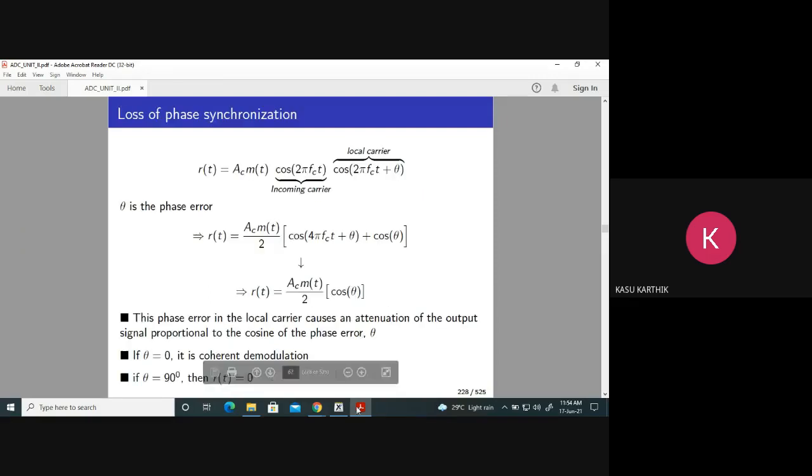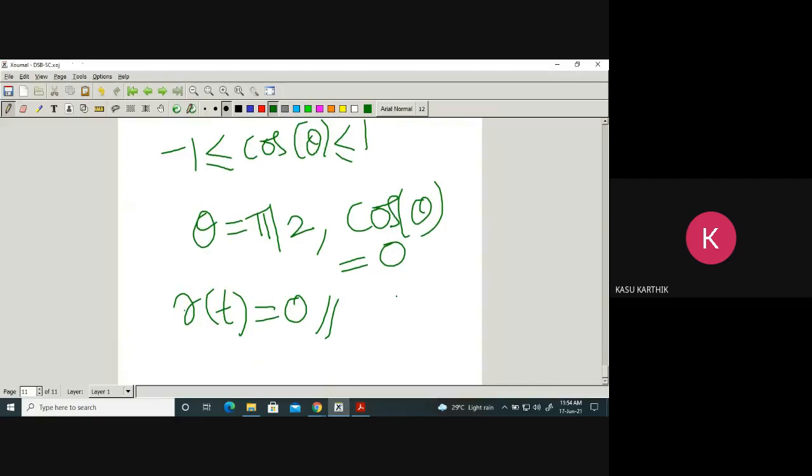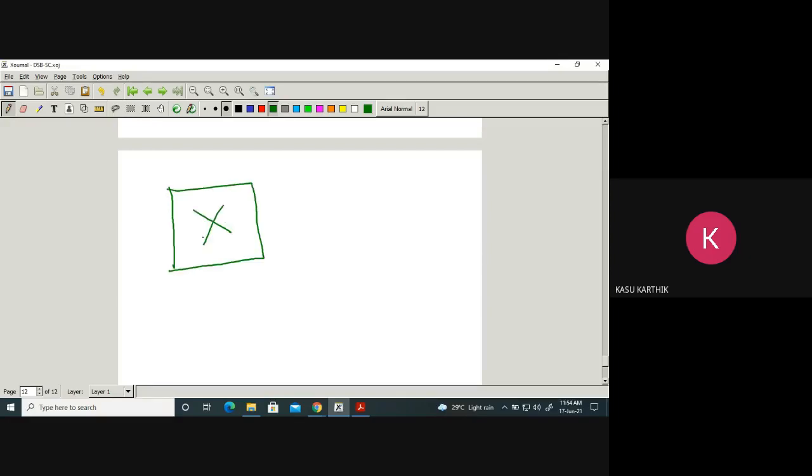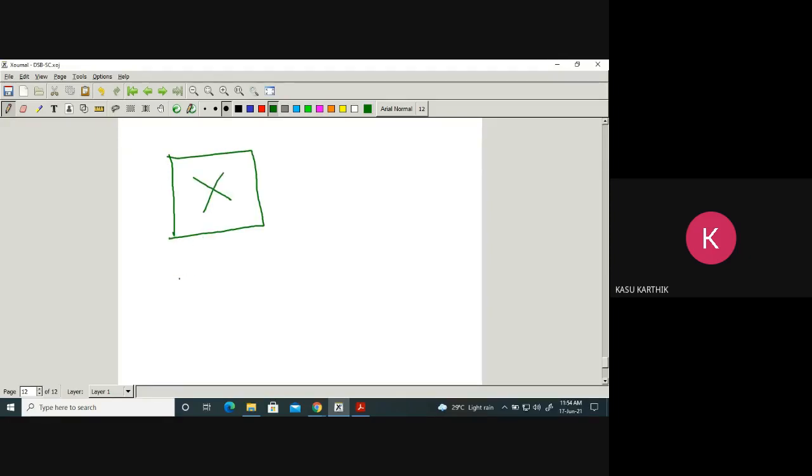What is the logic? If the phase shift is 90, cos becomes sine. Suppose at the transmitter the carrier is cos, and at the receiver the carrier is sine. The output will be 0, because they have a phase difference of π/2.